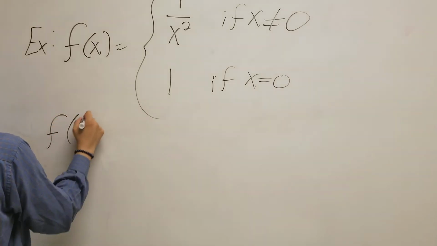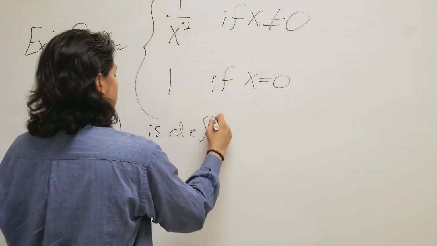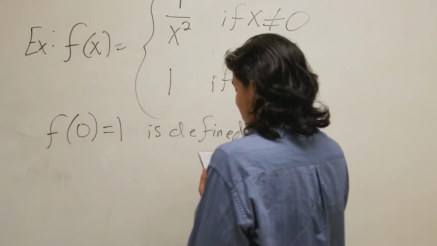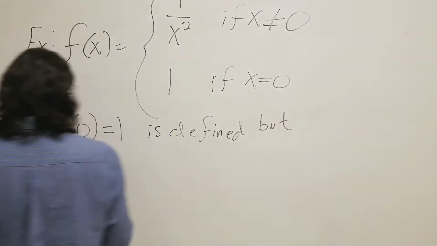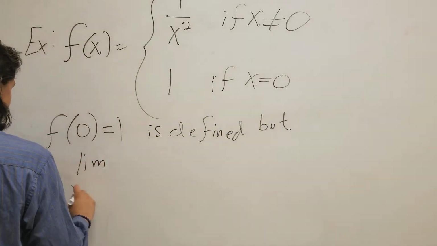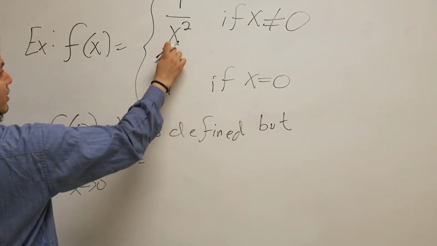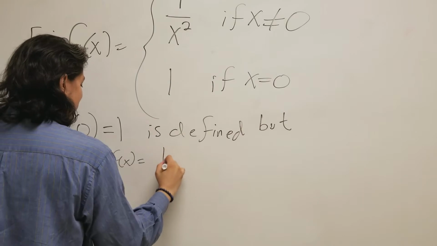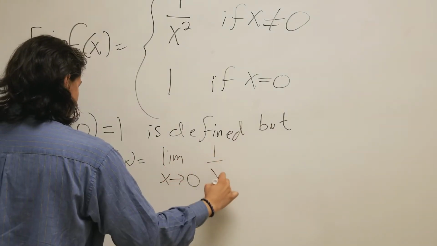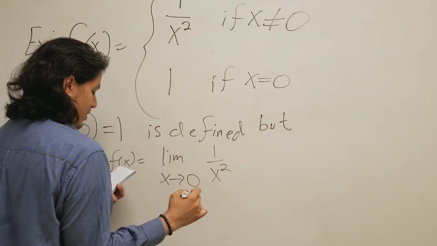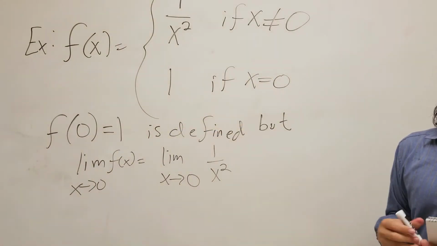f of 0 is 1, so it is defined, meaning it does exist, but we have an issue. If we take the limit as x approaches 0 of the top part, 1 over x squared, what's the problem if we plug in 0 here?